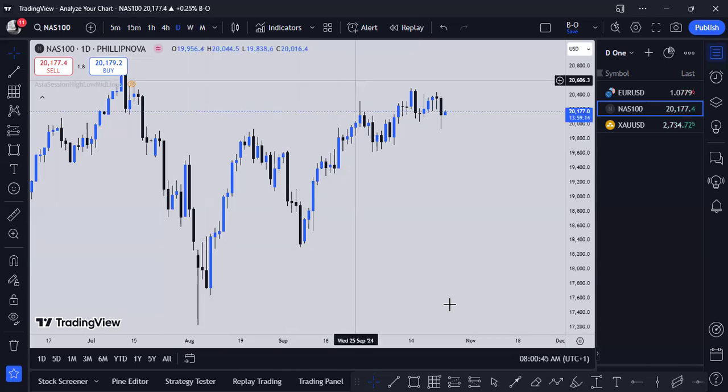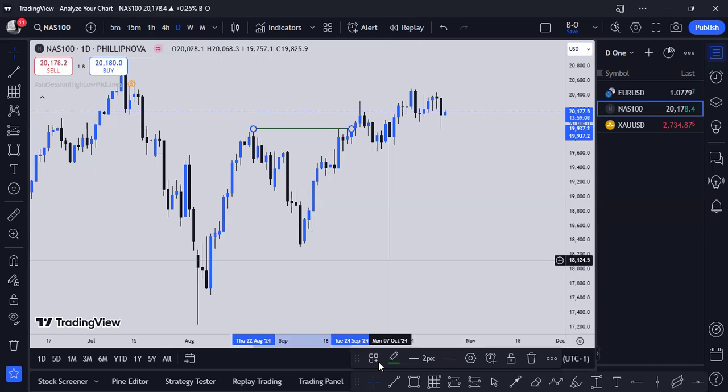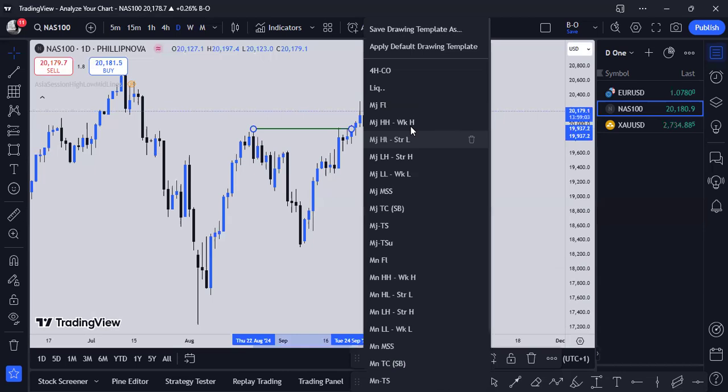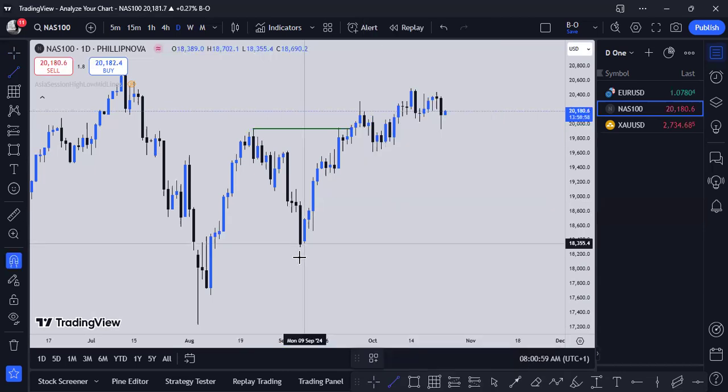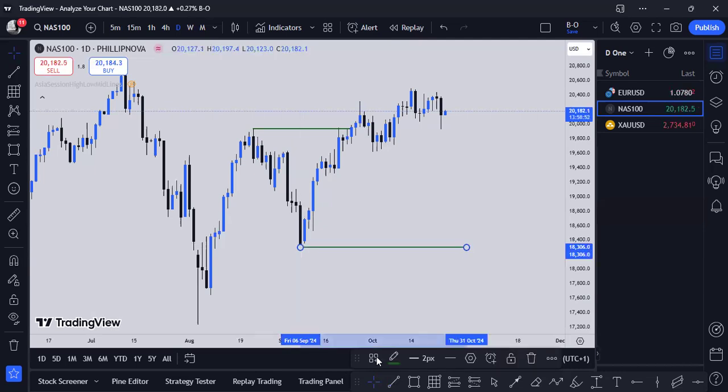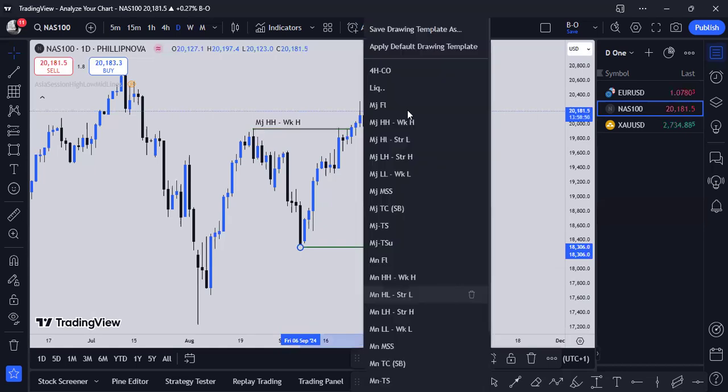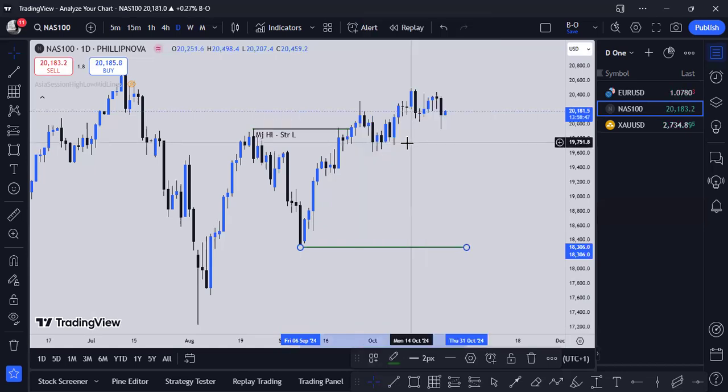and let's label it out. Okay, this is a very weak high, a major weak high, and this is the leg that broke it. So these are strong low.